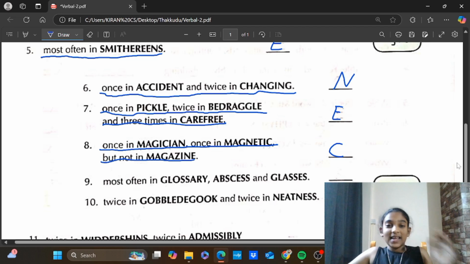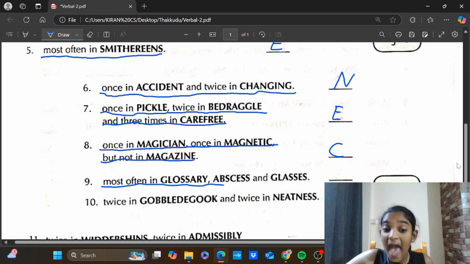Okay, so let's move on to the next question. Next question is most often in the first word and the second word and the third word. Okay, so we need to find which letter comes most often in these 3 words.